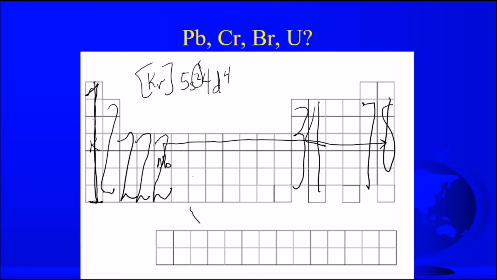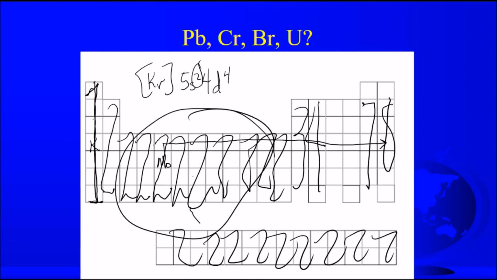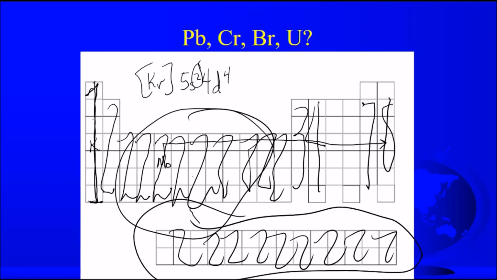And this row? And all of these rows. So if you fall inside of the D or F section, automatically all you have in your outer shell is the S2. So you have just 2 electrons.